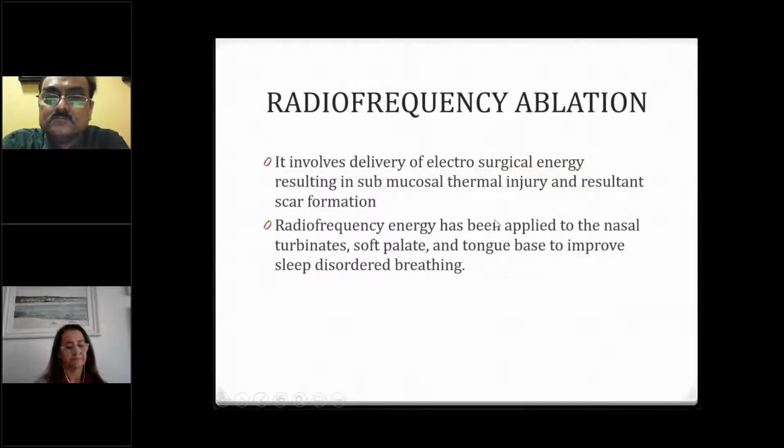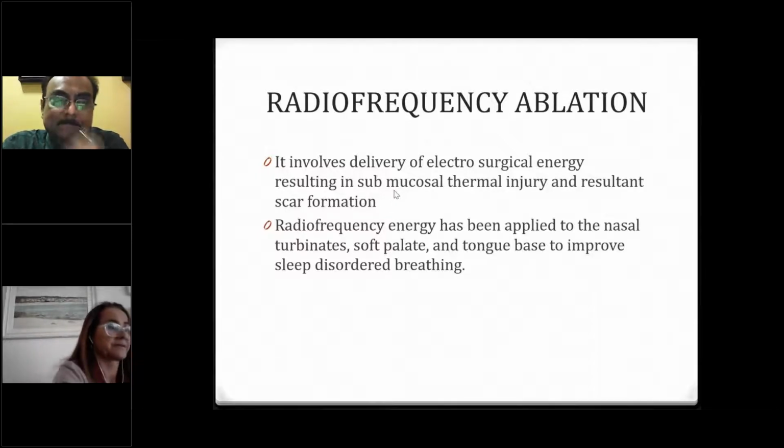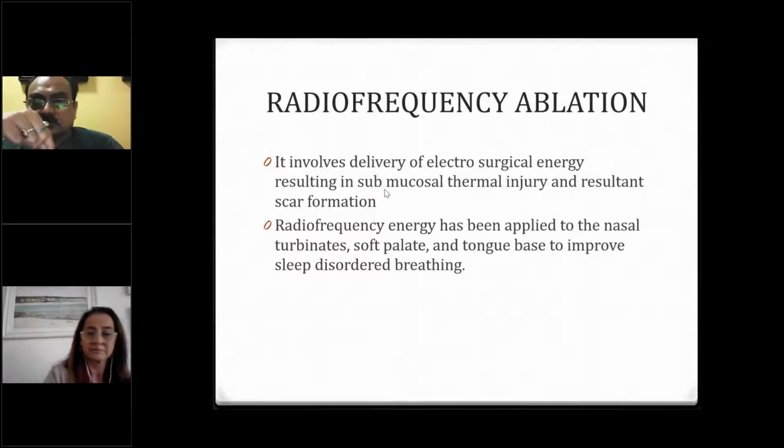Moving a little bit earlier again, radio frequency in short involves delivery of electrosurgical energy, resulting in submucosal thermal injury, inflammation and then scar formation. So in short, any tissue you give radio frequency energy undergoes some form of inflammation and then heals by fibrosis or scar formation. It makes that particular tissue taut and shrinks it.